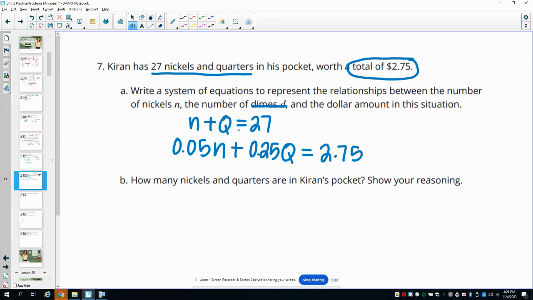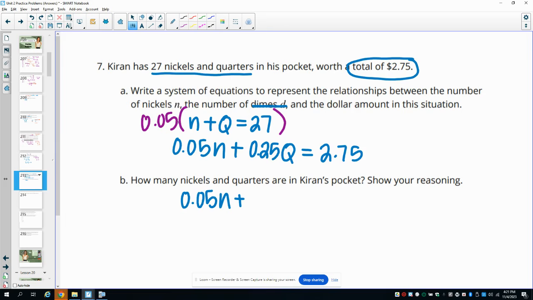So you can do a couple of different things here. I'm going to do elimination. So I'm going to multiply this top equation to cancel out the nickels. So I want to get 0.05 in front of the n. So I'm going to multiply this whole thing right here by 0.05.